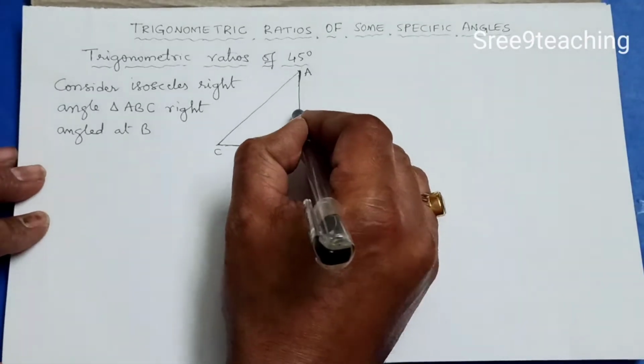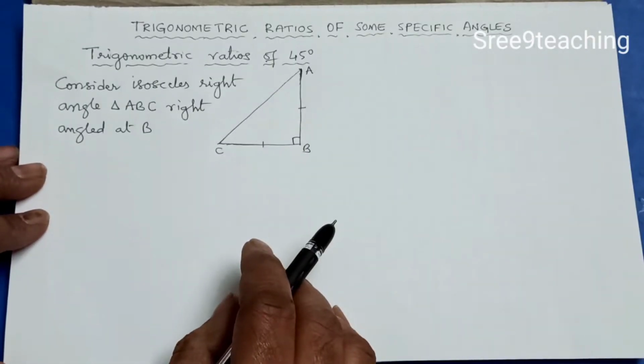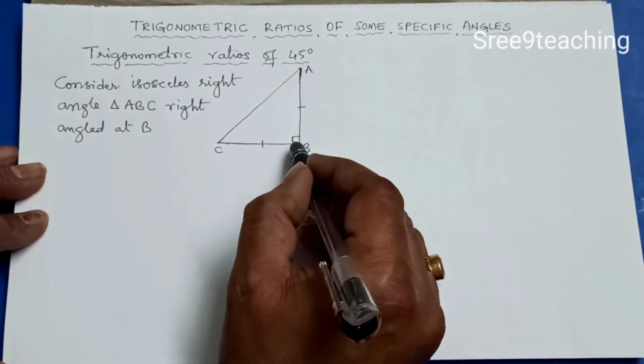Now these two sides are equal, which means this is an isosceles right angle triangle.